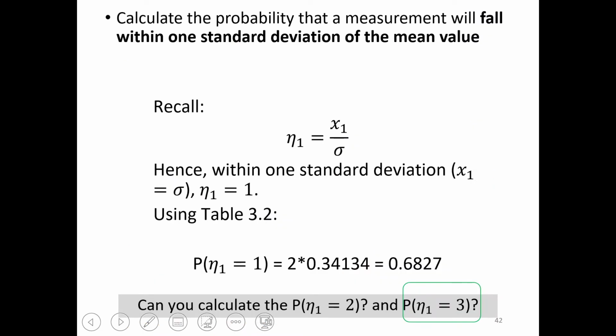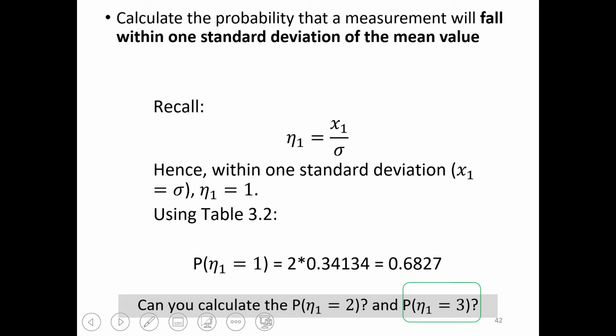So let's go from here. Let's say your eta 1 is 1. So you are looking to find the probability of something happening within 1 standard deviation away from the mean.